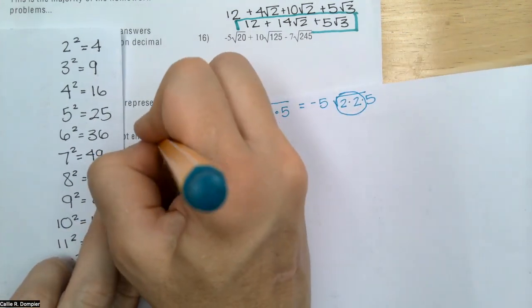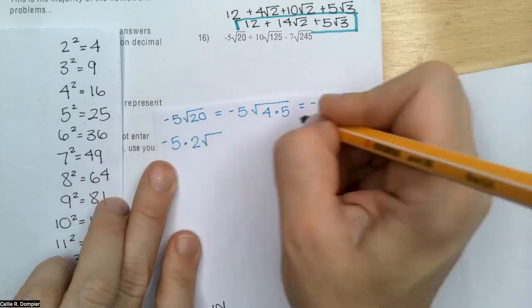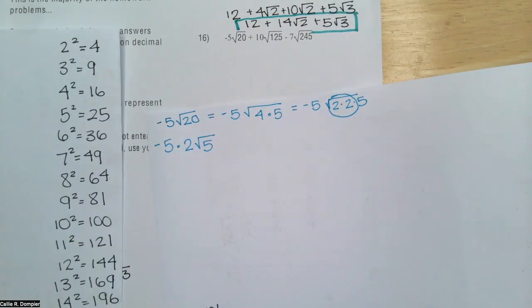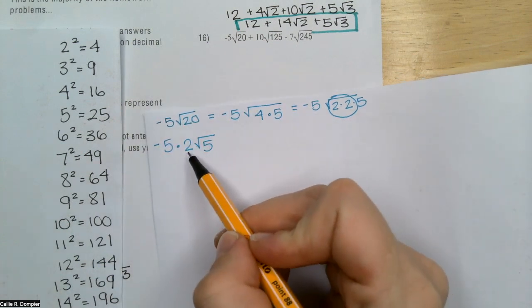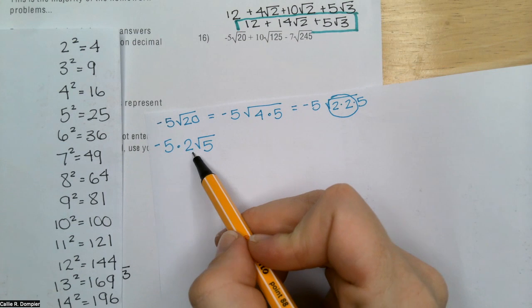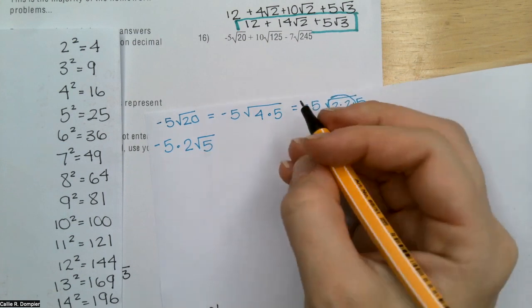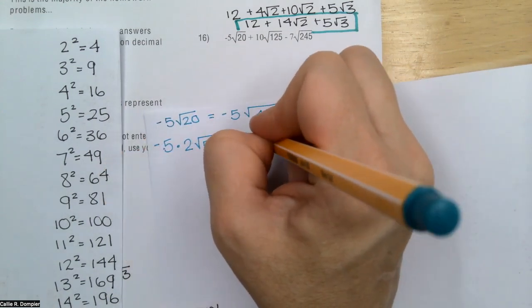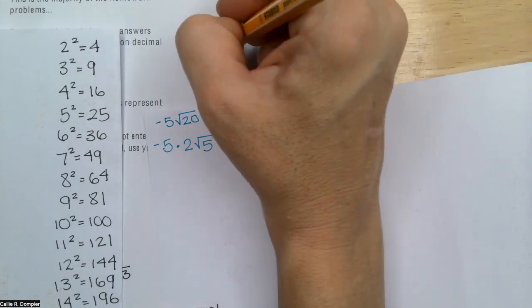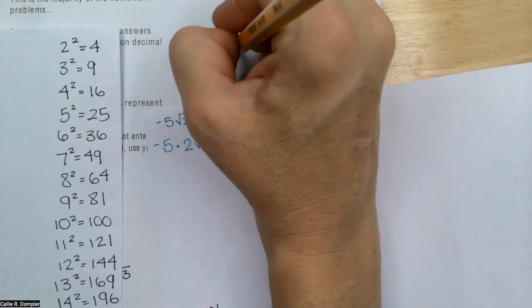And what we have is negative 5 times 2 times the square root of 5. The 20 became 4 times 5. 4 came out as 2. We're going to multiply those two together, and we have 5 under there. 5, obviously, you can't divide any further. And then negative 5 times positive 2 is a negative 10 square root 5. So negative 5 square root 20 is the same as negative 10 square root 5.